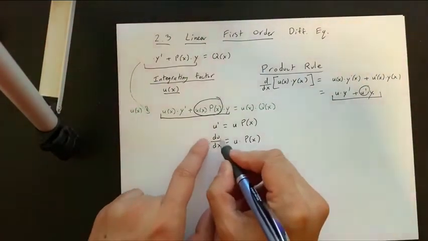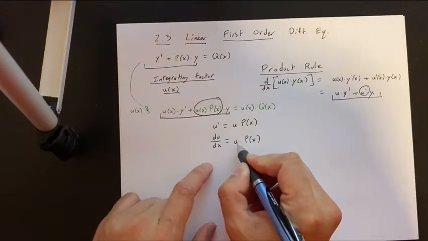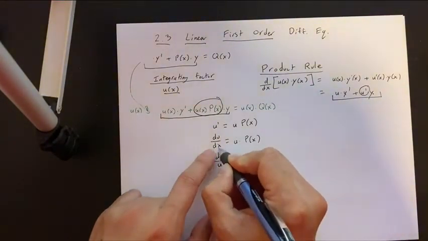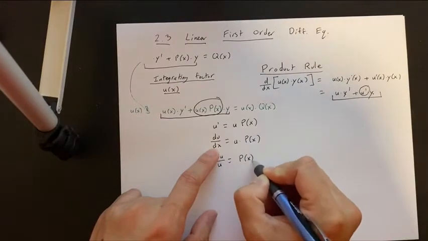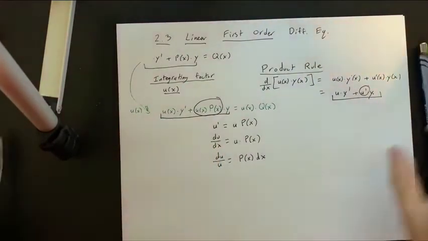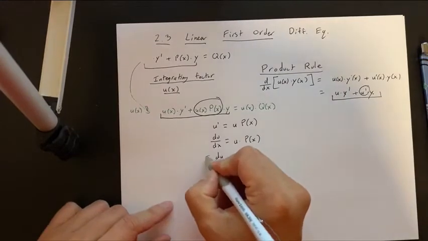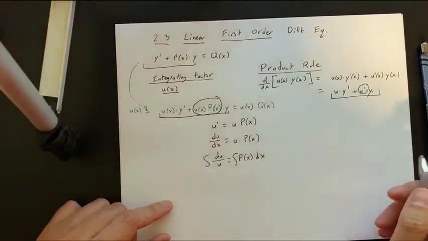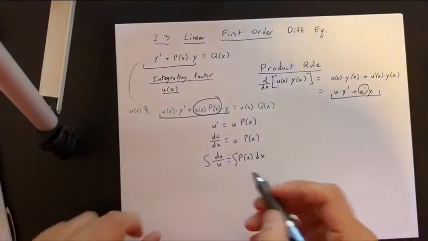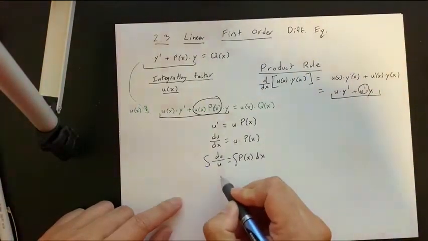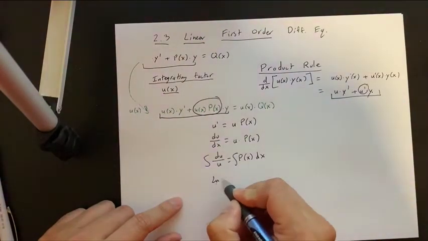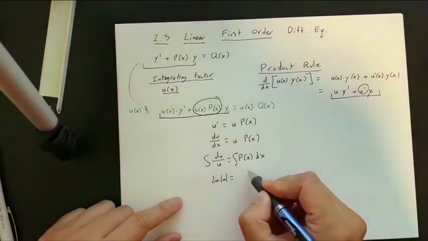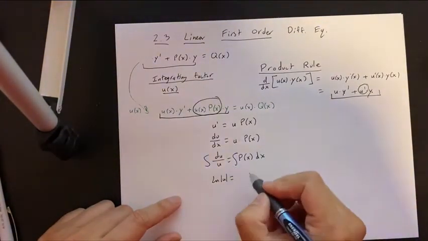I can separate the dx from the du, move the u over by dividing by u, move the dx over, and once it's separated, we can now integrate the left side with respect to u, integrate the right side with respect to x, and integrating the left side with respect to u will give us natural log absolute value of u, and the right side is simply just this because we don't really know what p of x is.